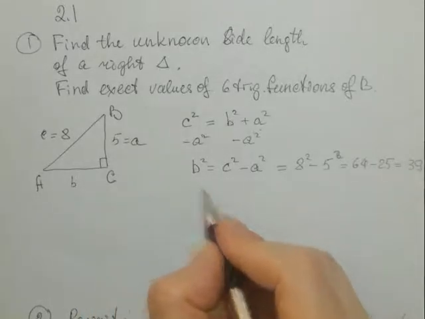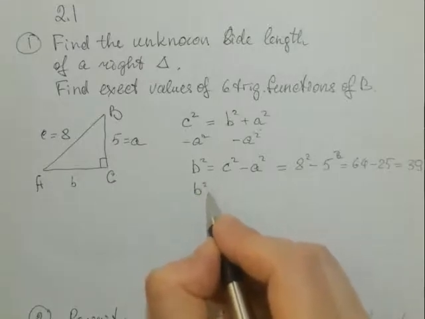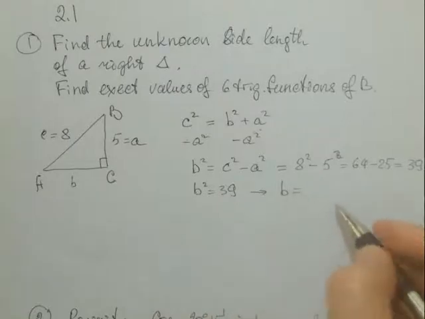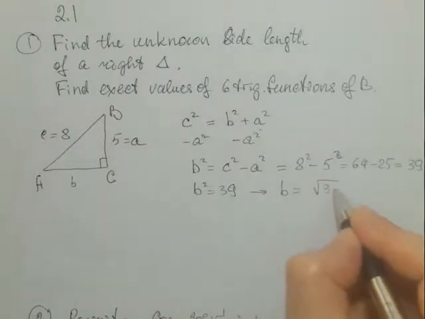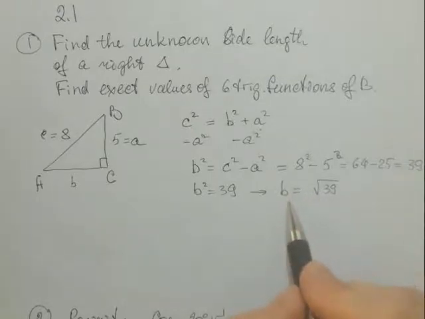To find b, we must take the square root. So b squared equals 39 means b equals square root of 39.